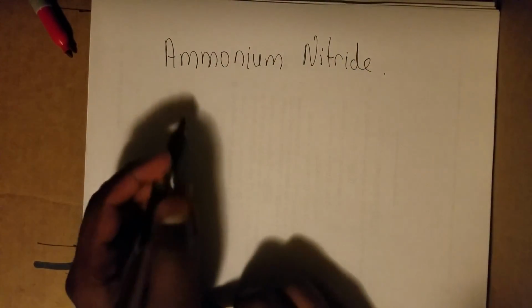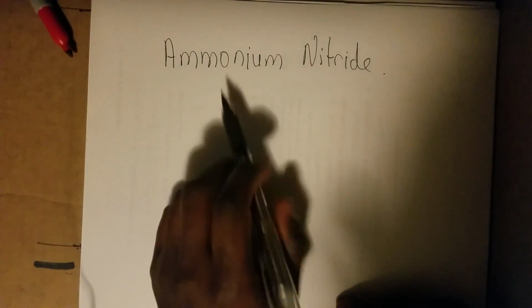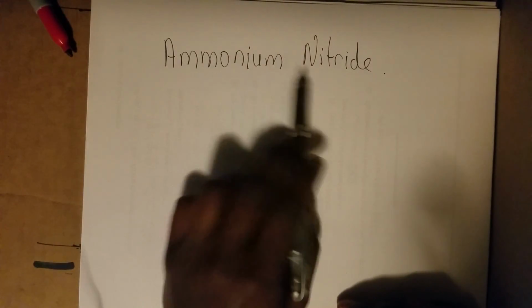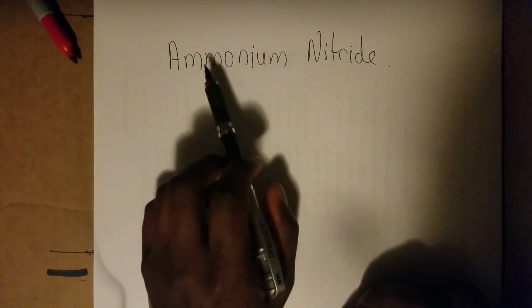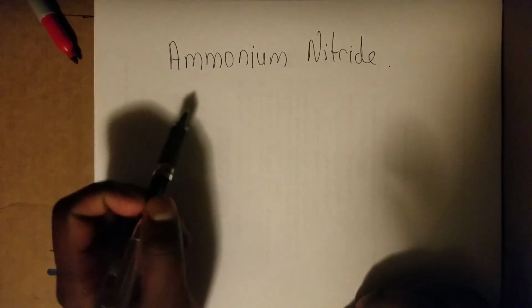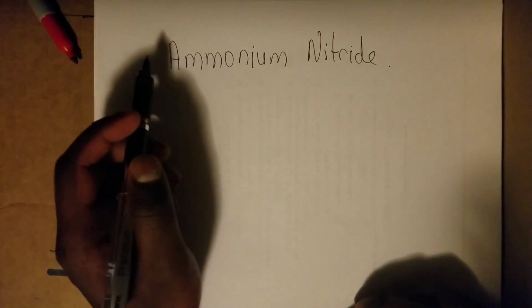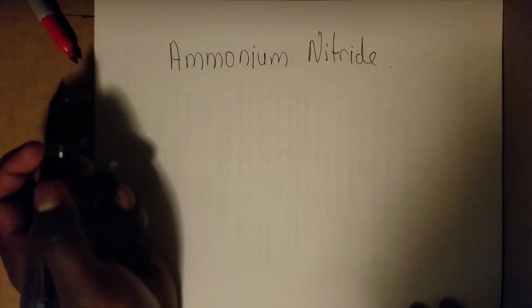Let's do ammonium nitride. First of all, ammonium is not on the periodic table. Look at this, there are other polyatomic ions. So you're not going to find ammonium on the periodic table, because ammonium is a polyatomic ion.